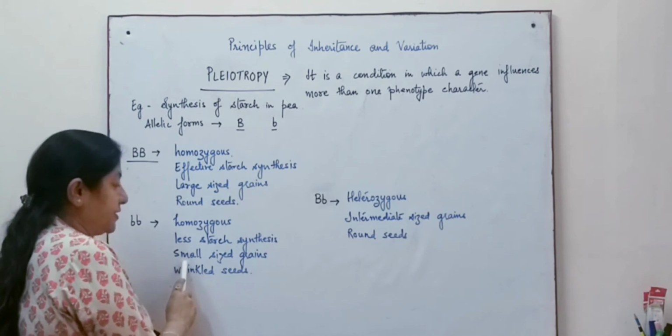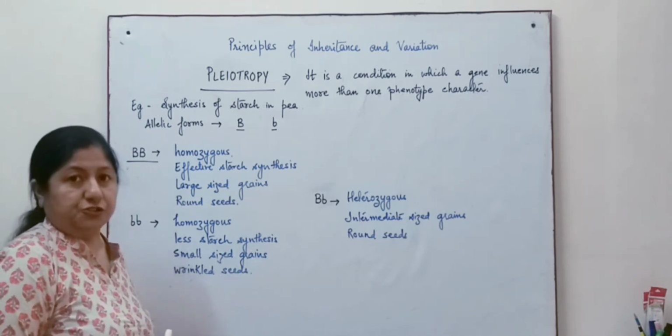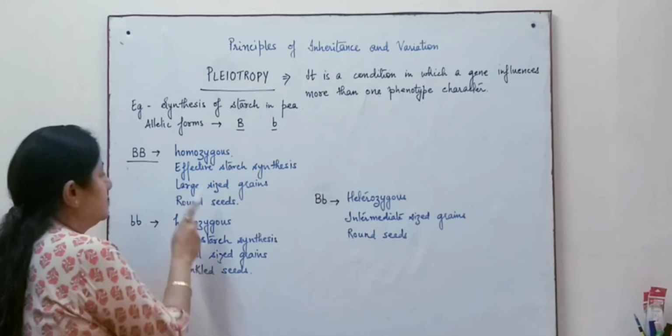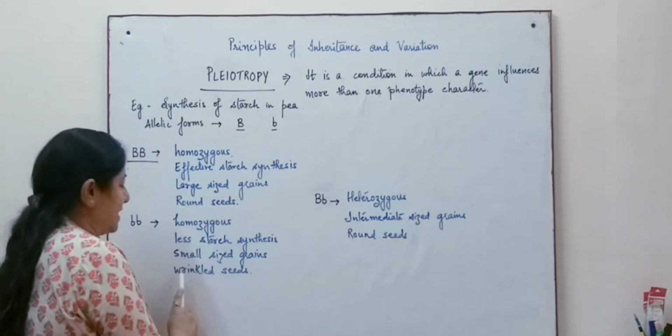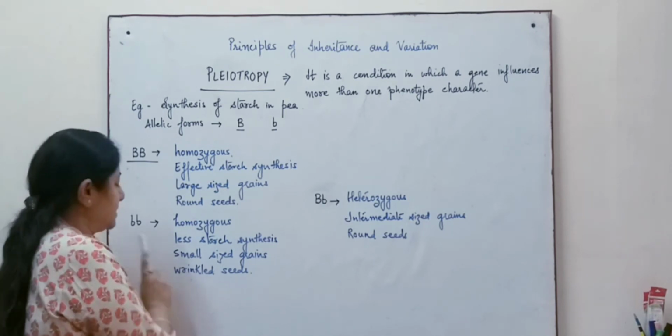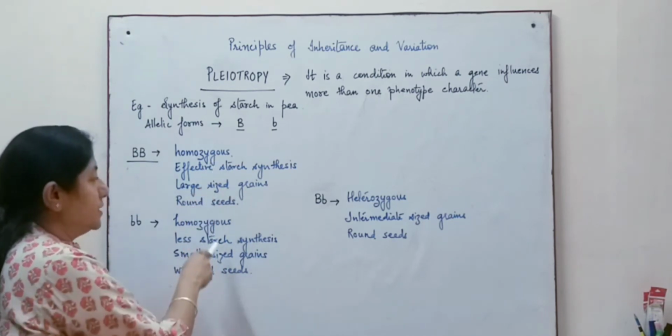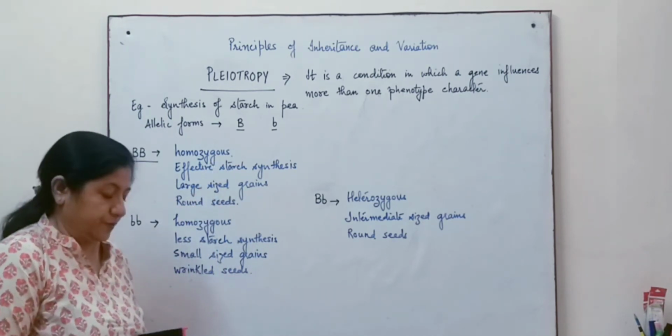Also, it produced small size grains and wrinkled seeds on maturation. So on maturation, the capital B plants got round seeds, and when homozygous recessive allelic forms were present, it produced wrinkled seeds. So these were the traits which were observed.